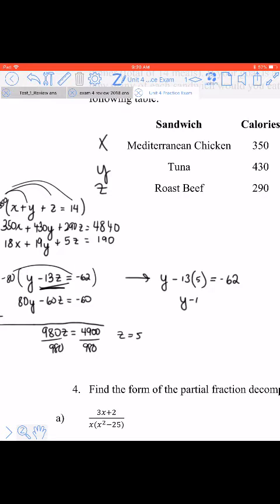So y minus 65 equals negative 62. Add 65 to both sides, we get y equals 3. So we're having 5 roast beef, 3 tuna. That's already 8 sandwiches. There were only going to be 14 total. So that leaves 6 left over for x. So that tells me that x equals 6.